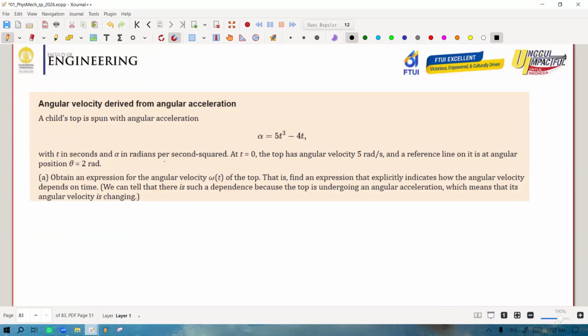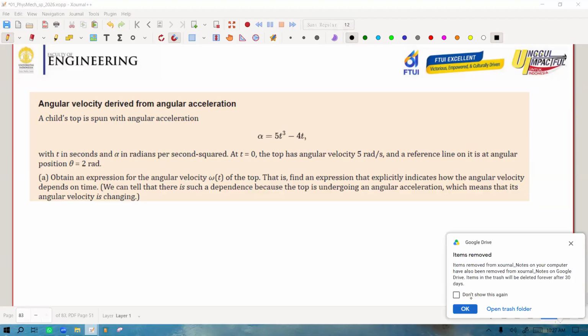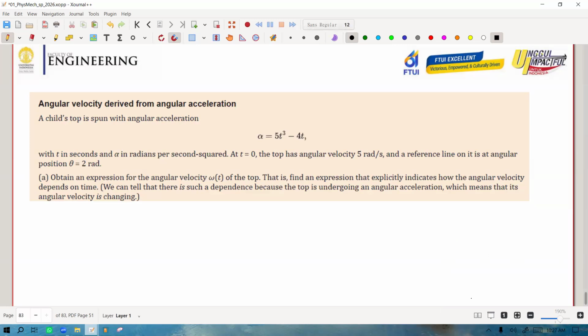A child spins a top with angular acceleration alpha equal to 5t cubed minus 4t, with t in seconds and alpha in radians per second squared. At t equal to 0, the top has angular velocity 5 radians per second, and a reference line on it has angular position theta equal to 2 radians. The first problem is to obtain an expression for the angular velocity of the top, one that explicitly indicates how the angular velocity depends on time.